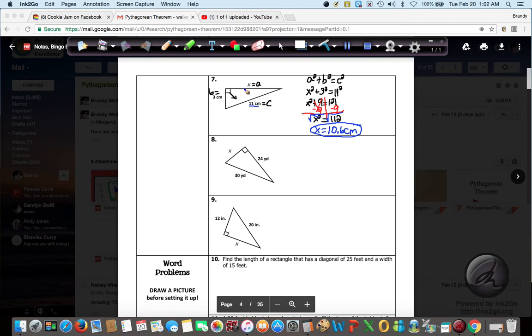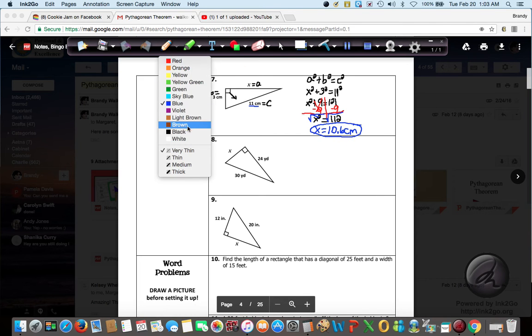So if you're solving for A or B and you get a number that's bigger than your C, bigger than your hypotenuse, you've done some math wrong or you labeled it wrong. Something happened for your legs to be bigger than your hypotenuse. So that's your clue. Wait a second, let me go back and check my math, check my labels. 10.6 is not smaller by a whole lot, right? Because this is only 11, but it is smaller. So we know we got that one right.